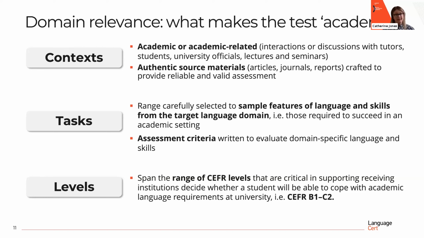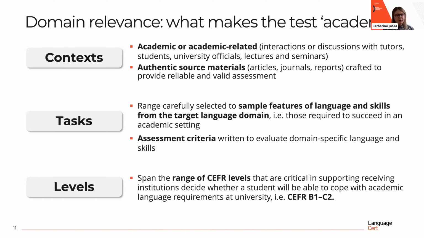So our contexts are academic. So scenarios like discussions with tutors, fellow students, university staff, and using authentic source materials wherever possible, crafted to a degree to ensure that we can test the full range of things we want to test, but articles, journals, reports.